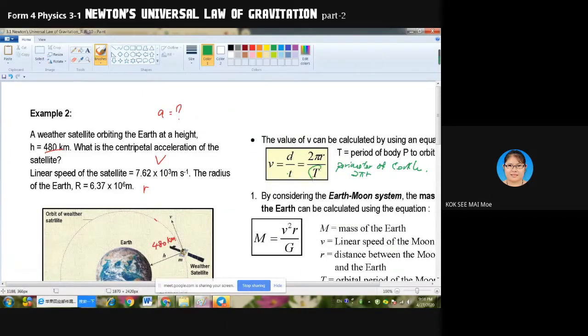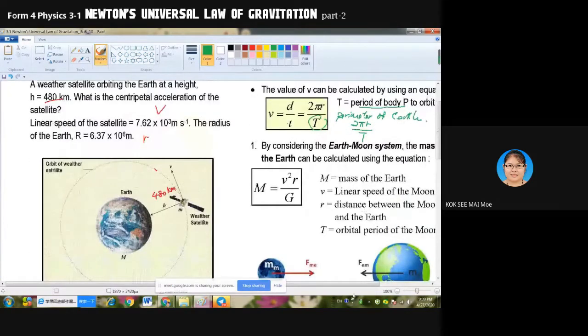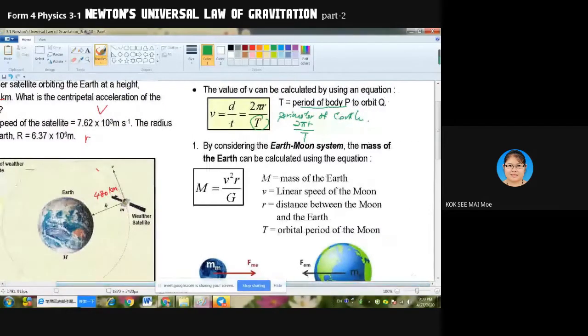Time taken is the period T of the body to orbit the whole circle of the Earth. Now I need to join all these things together. By considering the Earth-Moon system, the mass of the Earth is V squared R over G. M stands for mass of the Earth.